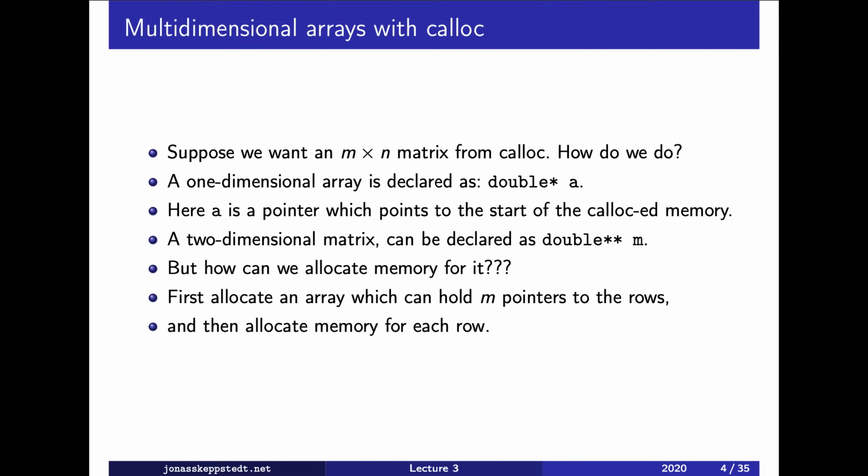Okay, so if we now want to allocate an m times n matrix, and we don't know the value of m and n, what can we do then? We will see that soon, but let's start with a vector.